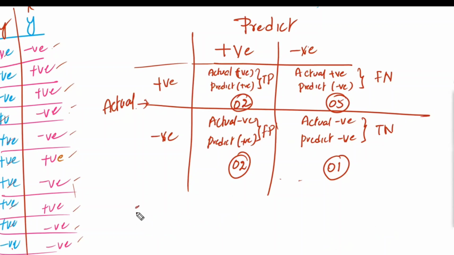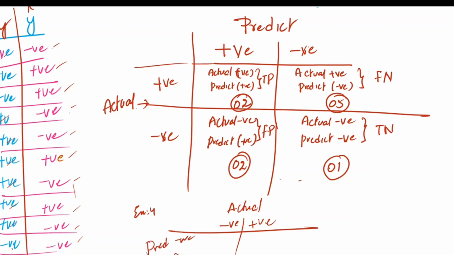Example number 4. One more example I am writing. Now, on this side you take actual, which is negative, positive. Now predicted, you take as negative, positive. Now, the 4 values. You have to tell me the answer in 5 seconds.